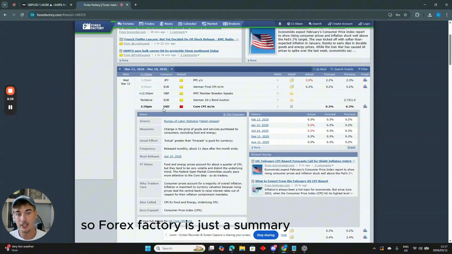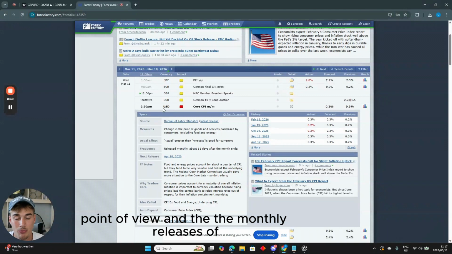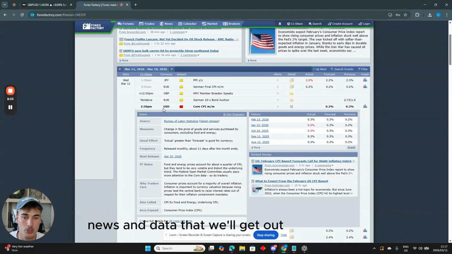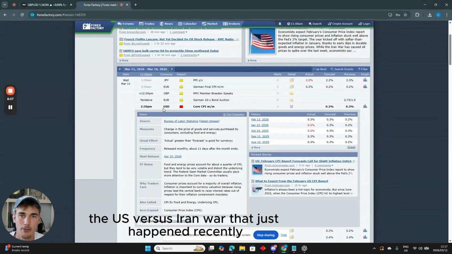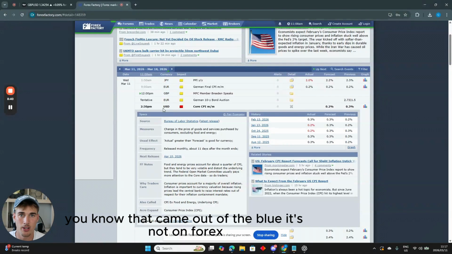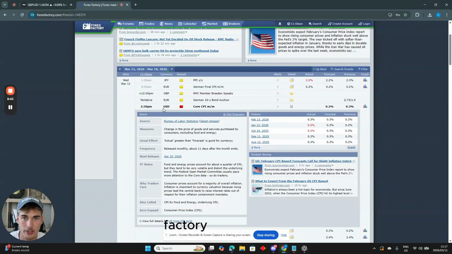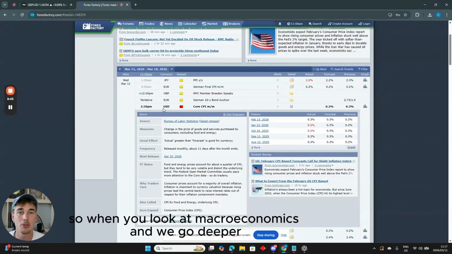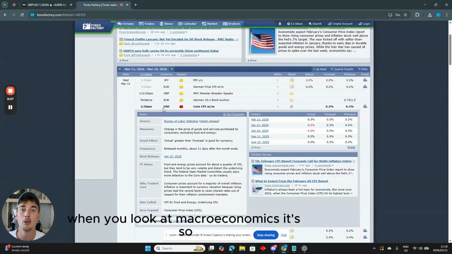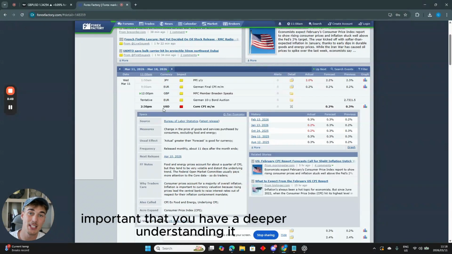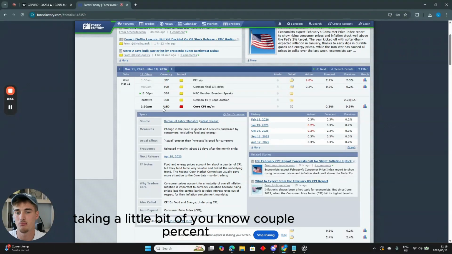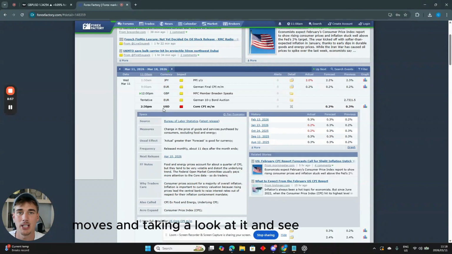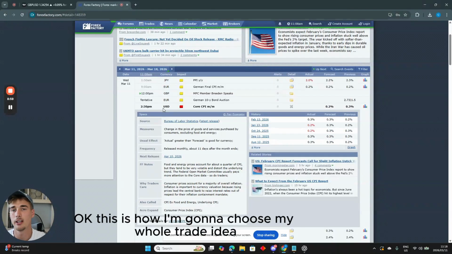So Forex Factory is just a summary point of view of the monthly releases of news and data that we'll get, but it's not taking into account the US versus Iran war that just happened recently, that came out of the blue. It's not on Forex Factory. So when you look at macroeconomics, and we go deeper into this in our program, it's so important that you have a deeper understanding than just looking at Forex Factory, taking a couple of percent moves and choosing your whole trade idea from that.